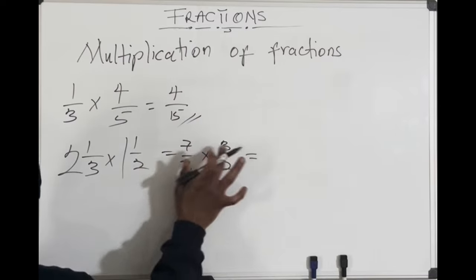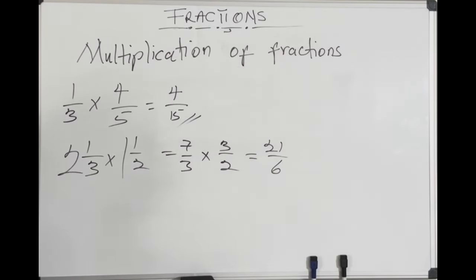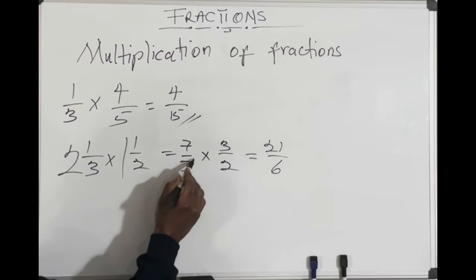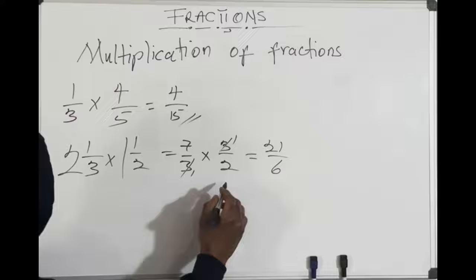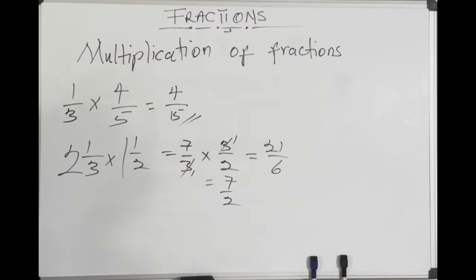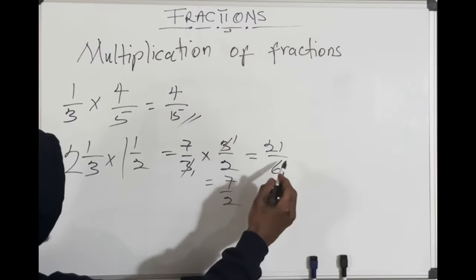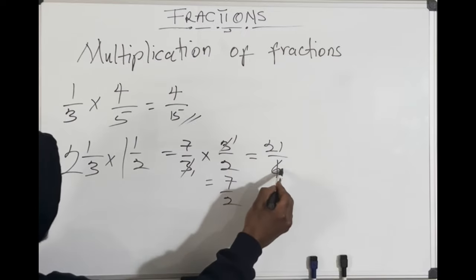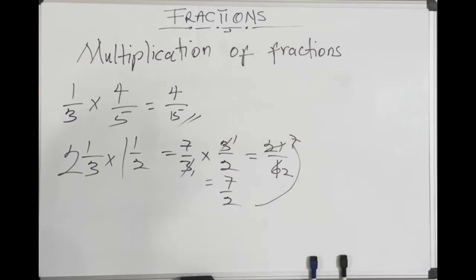Then 7 times 3, 21 over 6. Another method, we could have just 3 goes here 1, 3 goes here 1, and then our final answer will be what? 7 over 2. Because if we cancel this, we will arrive at this. Let's try and see. So 3 goes here 2, it goes here 7. You see, we have the same 7 over 2 here. Okay, all right.